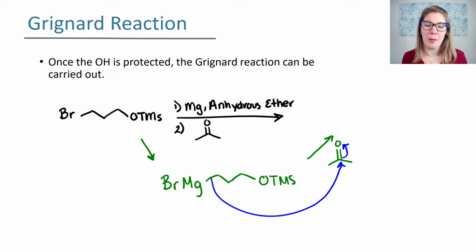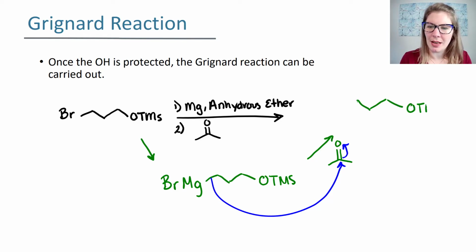And I'm not going to draw out the full mechanism. I'm just going to draw out that part to help me visualize how these things are going to be attached. So I'm going to have my OTMS here, and now this carbon is this carbon, and it's going to be attached to this carbon, which is this carbon, which has 2 groups attached to it. It's really easy to lose carbons or gain carbons in your Grignard reactions, so I always suggest going back and double counting.